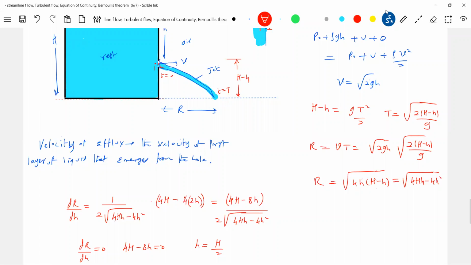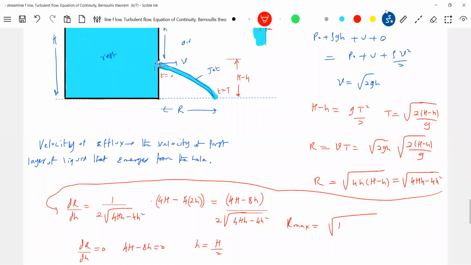So the maximum range will be root of 4 into H by 2 into H by 2. So finally, what is the maximum range?